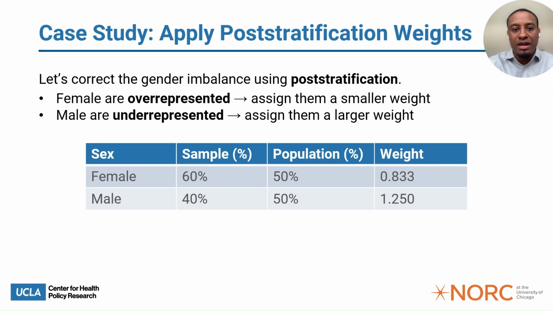This means that we will adjust the weight of the female slightly lower, and we will increase the weight of the male slightly higher to ensure that our sample appropriately reflect the distribution of female and male in the targeted population.